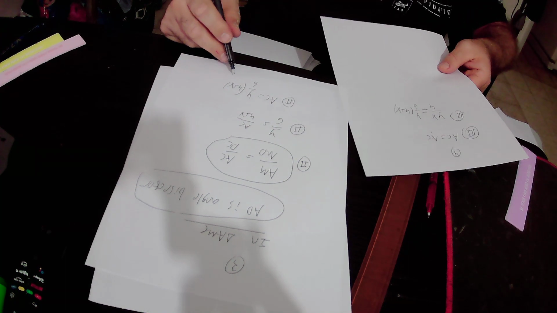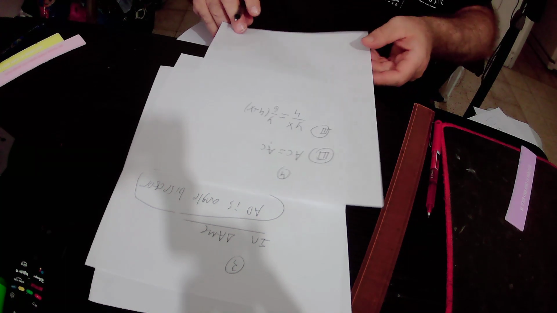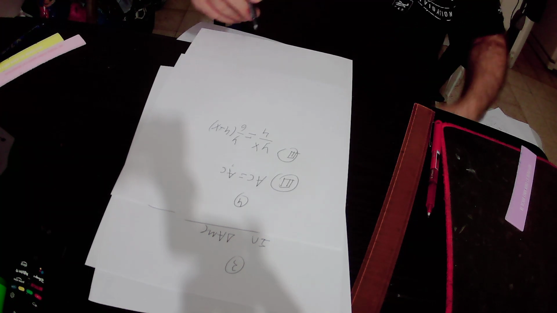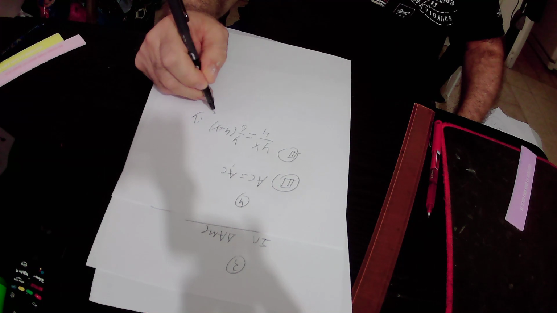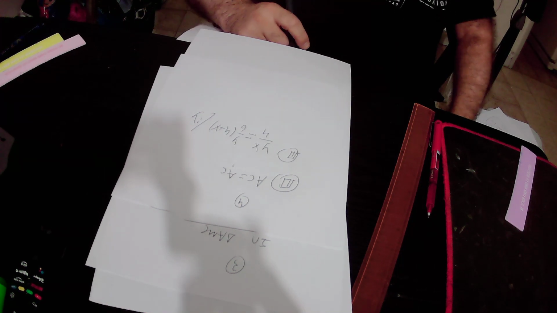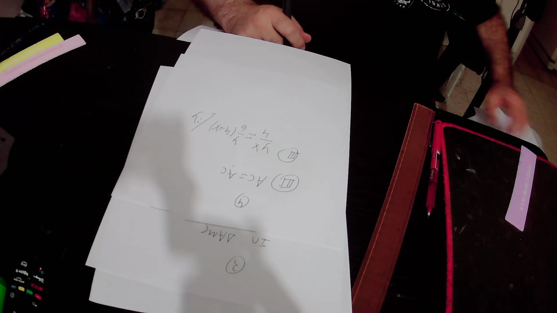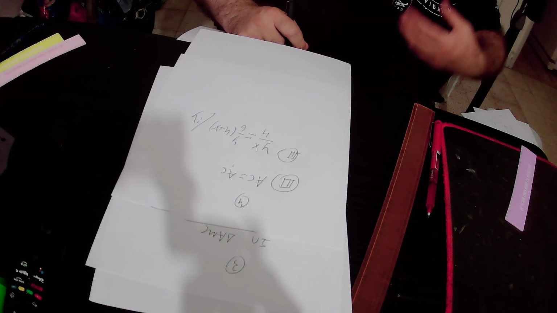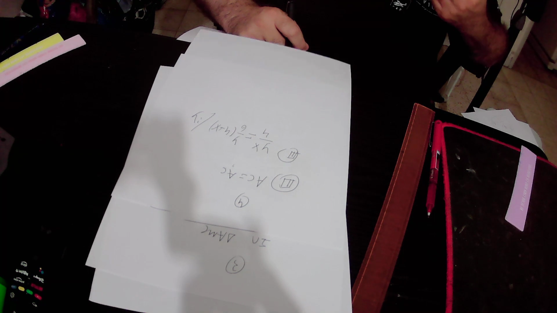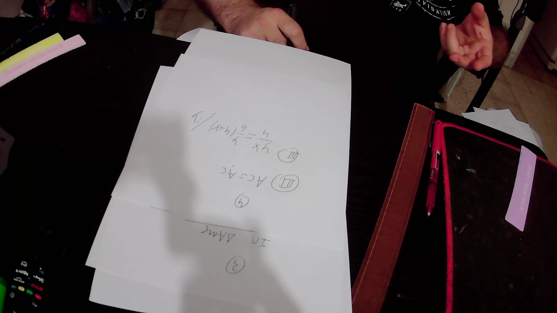Okay, so we got this equality. Here we can divide this equality by y. You should remember that y can never be zero. That is the reason that we can divide the equality by y, because y is the size of the side of a triangle, and the size of a triangle must be a positive number.